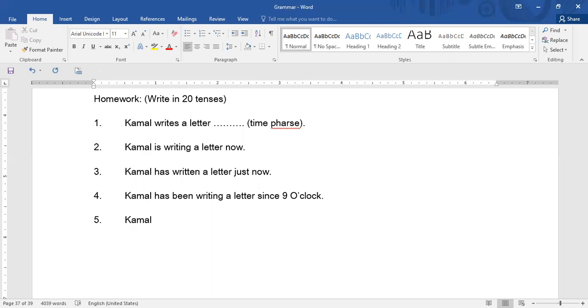The helping verb is hidden in the verb, so we can use the verb form merely. So, what's the verb form for simple past? Sangeetana, tell. Kamal wrote a letter.